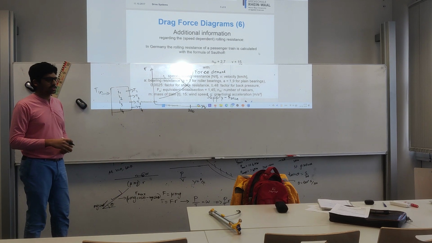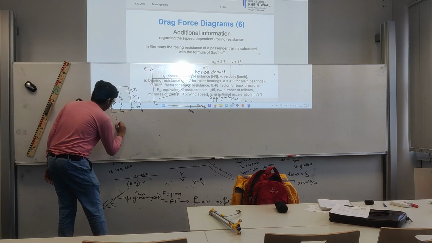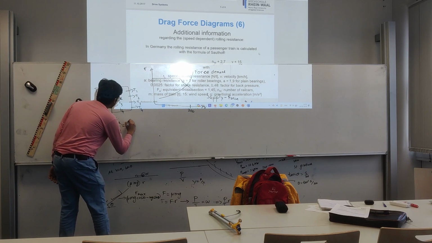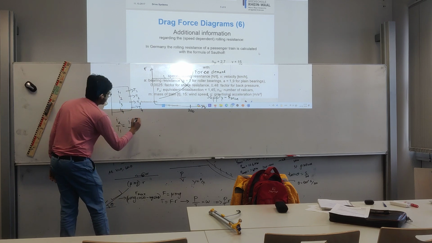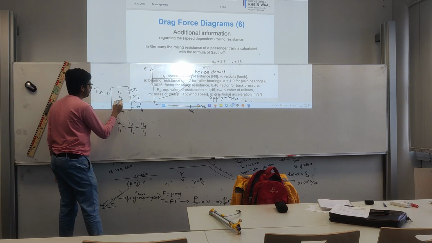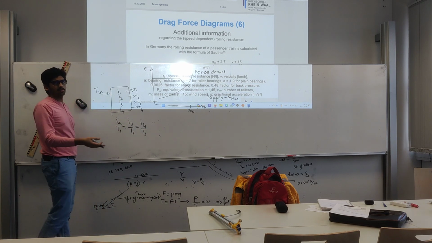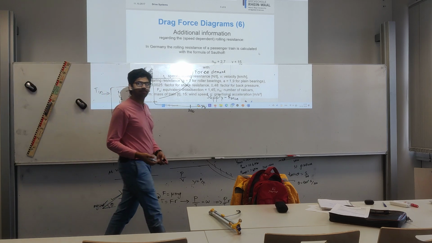For the constant step ratio, what we are taking is i2 by i1 equals i3 by i2 equals i4 by i3. Basically, the ratio between one step ratio and the one before it is kept constant.